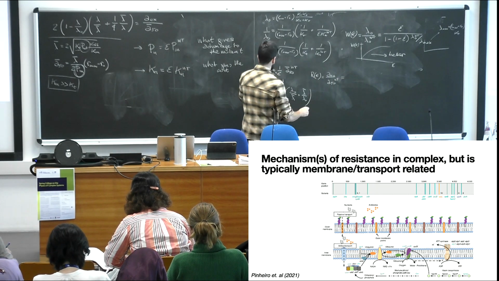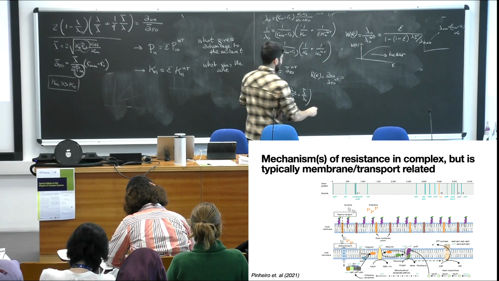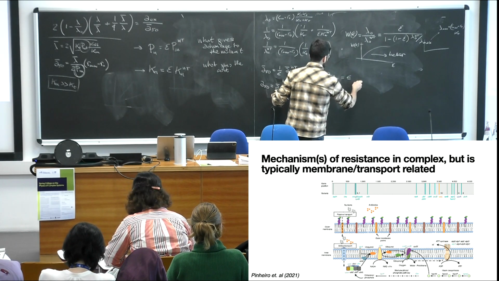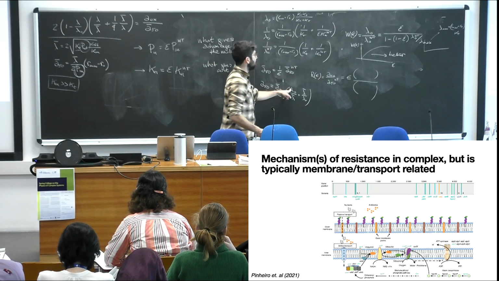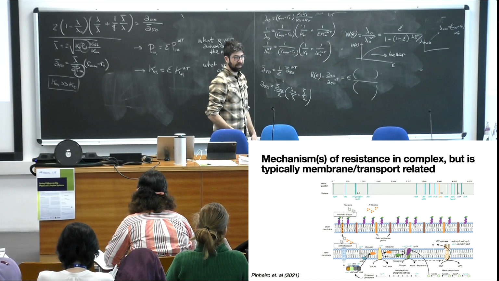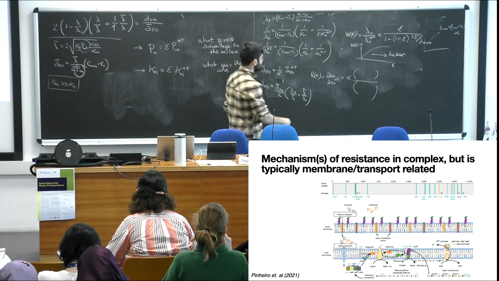And this is equal to the ratio of the A bar 50, so this gives an epsilon. And then there are terms that depend on lambda naught and the lambda naught of the wild type, okay? And so one gets an expression, this is 1 over epsilon.